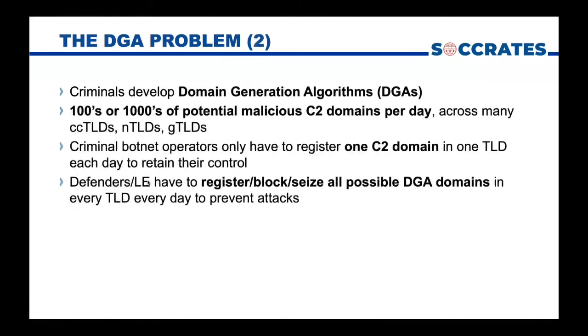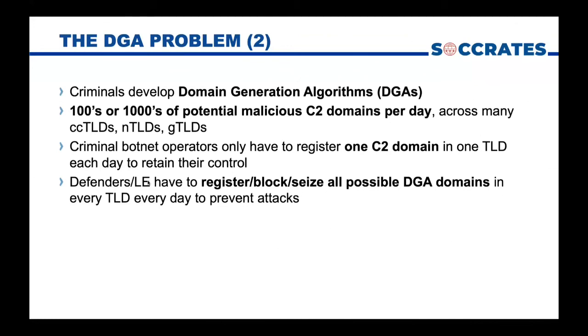So, as I said, criminal botnet operators only have to register one C2 domain in one TLD to retain control of their botnet and build resilience. Defenders and law enforcement have to register or block all possible DGA domains in every TLD every day to prevent the attacks.